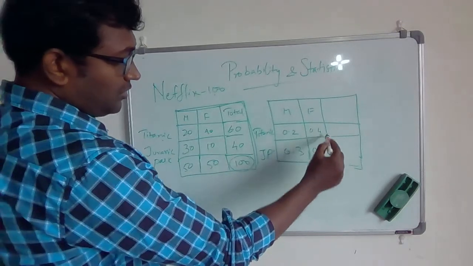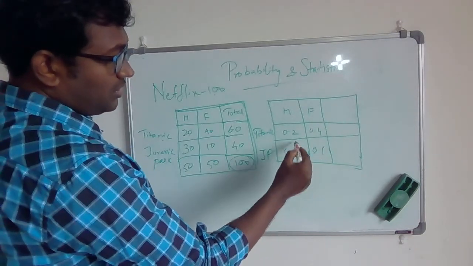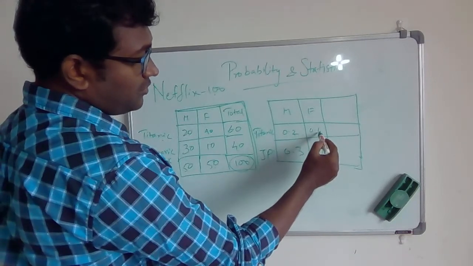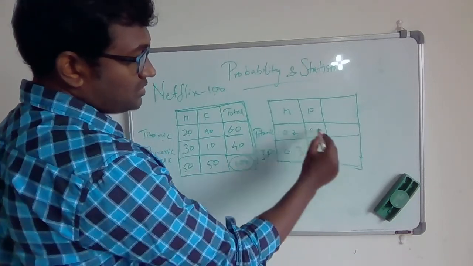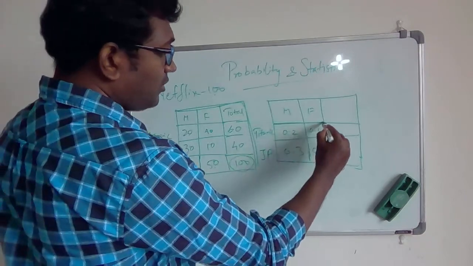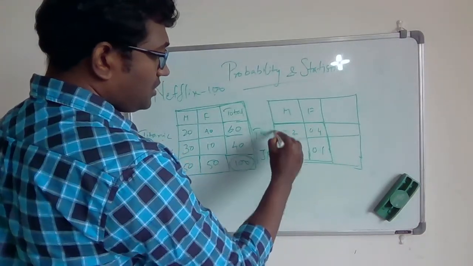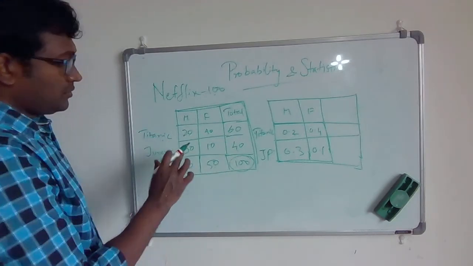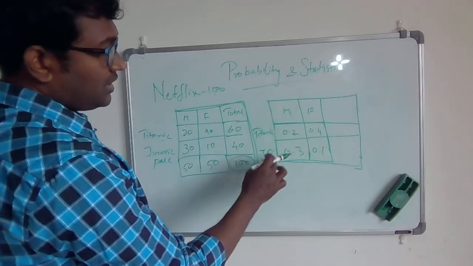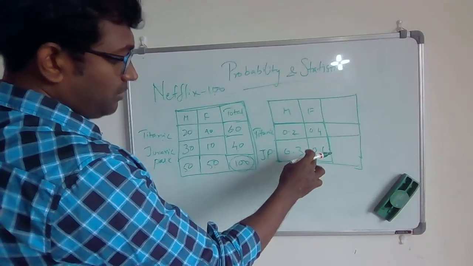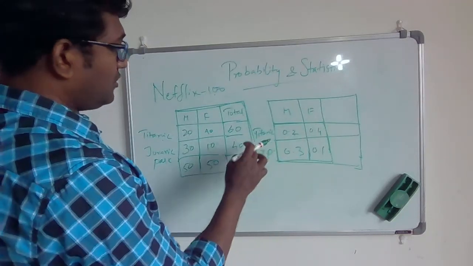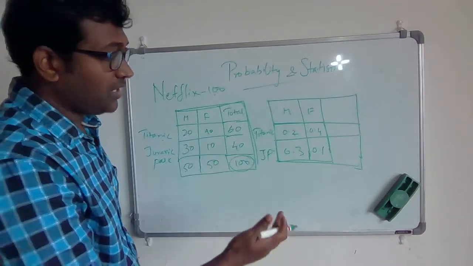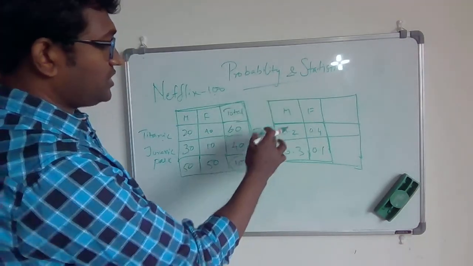If you sum all this, it becomes 1: 0.3 plus 0.2 is 0.5, plus 0.4 is 0.9, plus 0.1 is 1. So this is the joint probability distribution of this table. With two movies and 100 people, this is how they share the movies among themselves, just like they share the piece of cake.